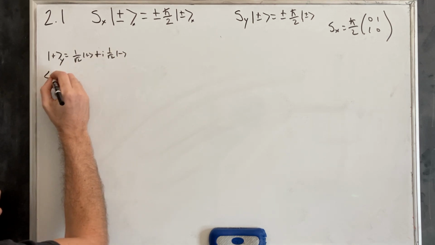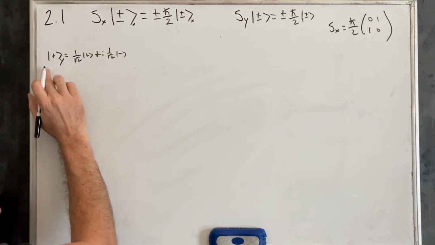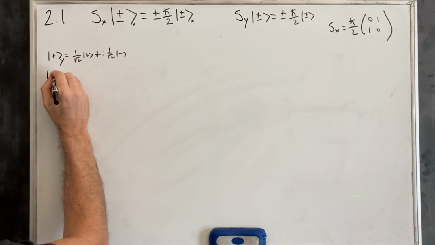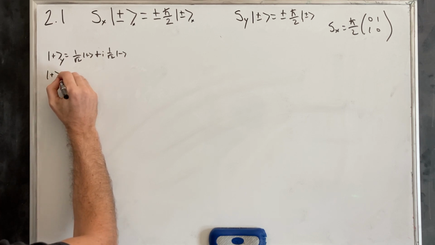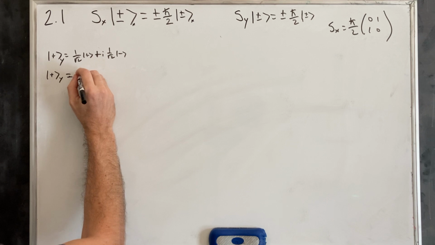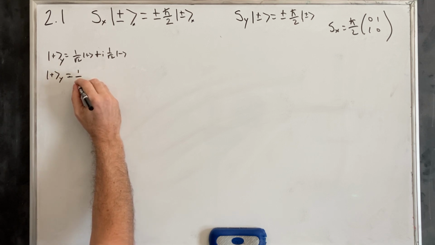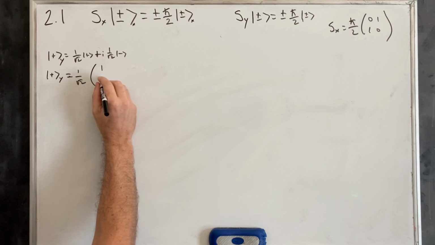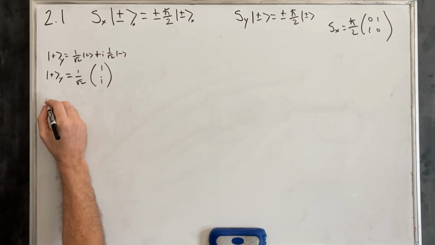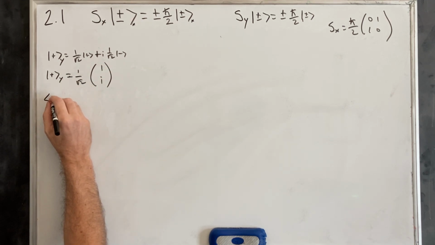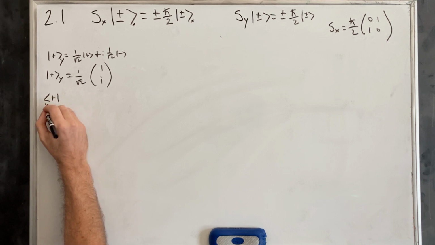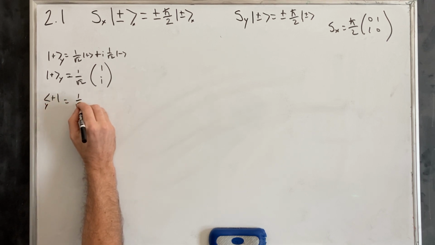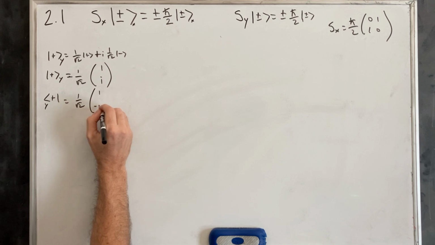And the bra, well, first let's just do matrix notation. We're going to be doing all this in matrix notation here. So that is 1 over root 2, and we have 1 and i there. If we take the bra of that, that's going to be 1 over root 2, 1 negative i.